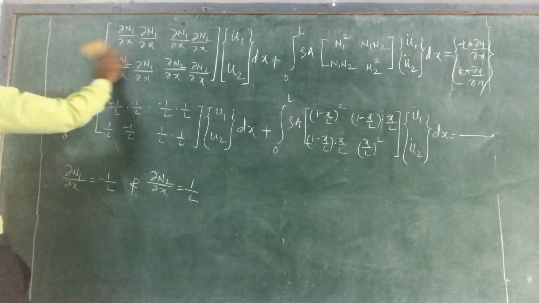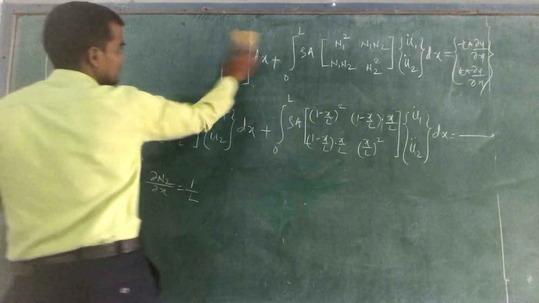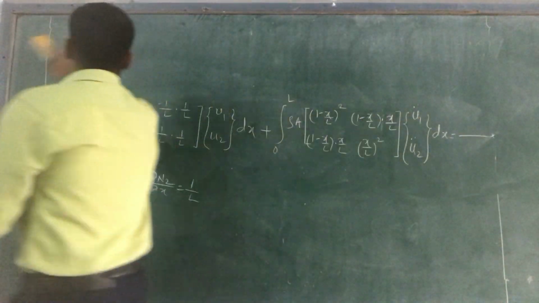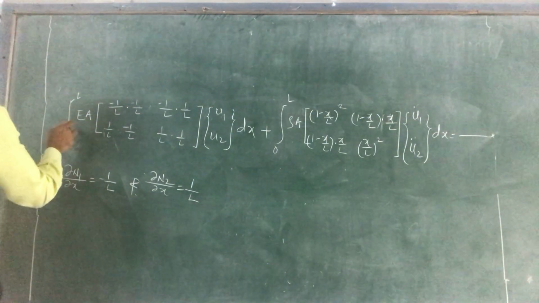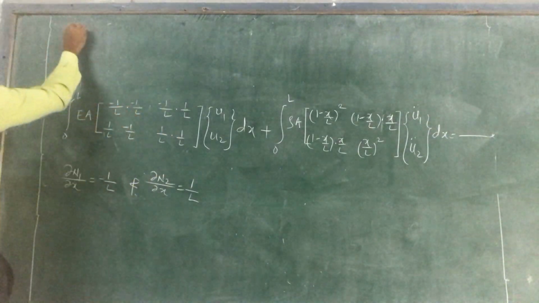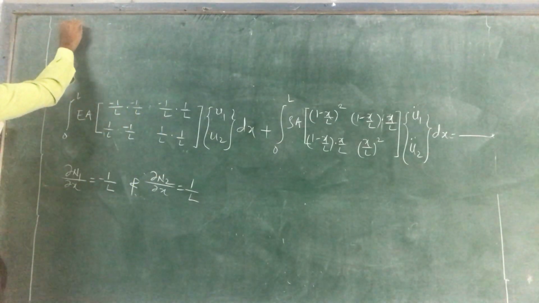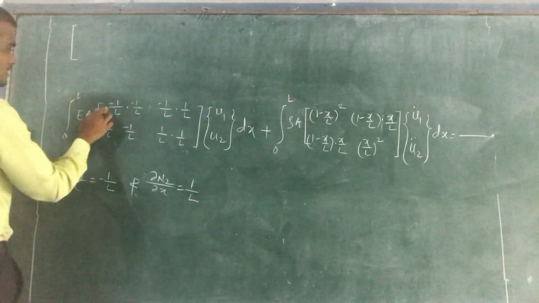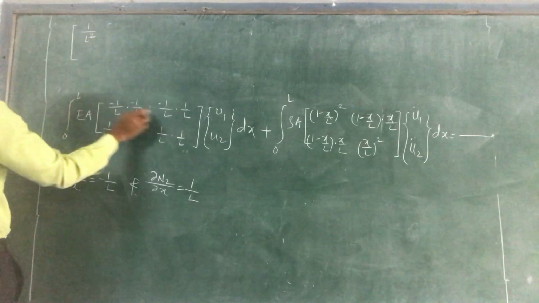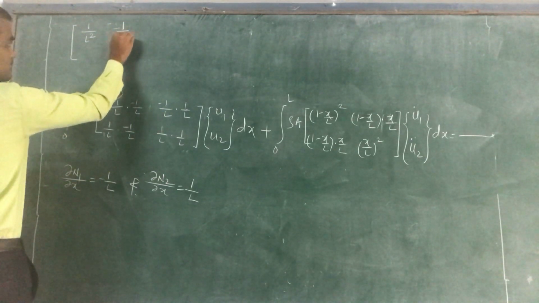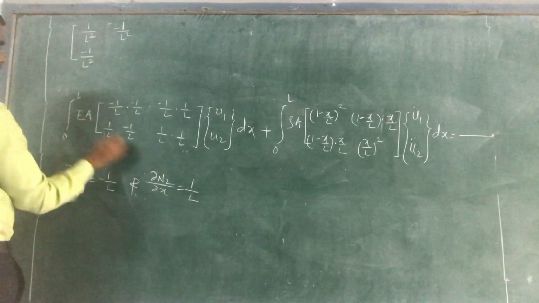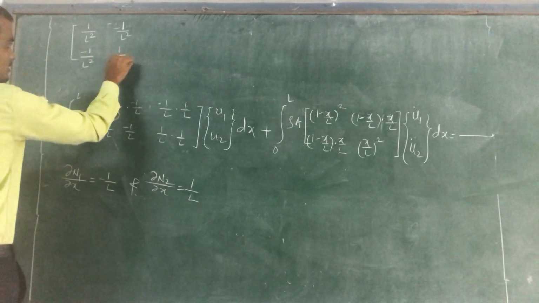So this matrix is a constant matrix, so we can write it as 1 by L square times this matrix. This term is minus 1 by L square, this term is minus 1 by L square, and this term is 1 by L square.